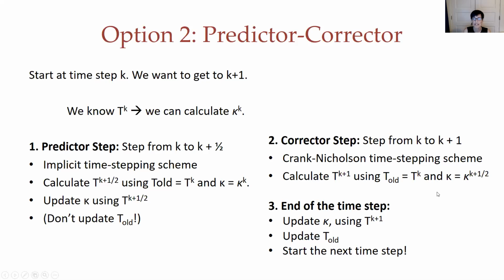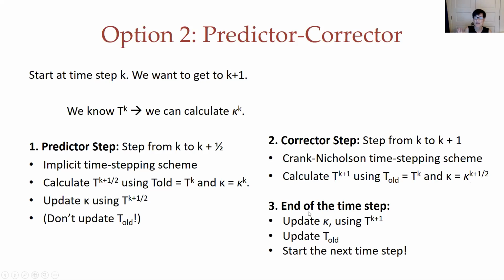So this whole predictor step is just a way of updating the parameter that's varying, right? And then you just do a regular simulation step. It's just you're using an updated thermal conductivity.